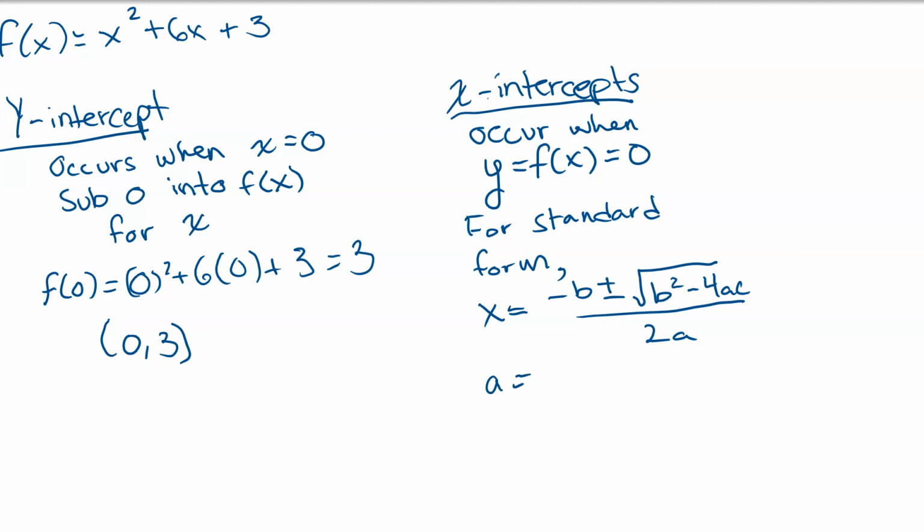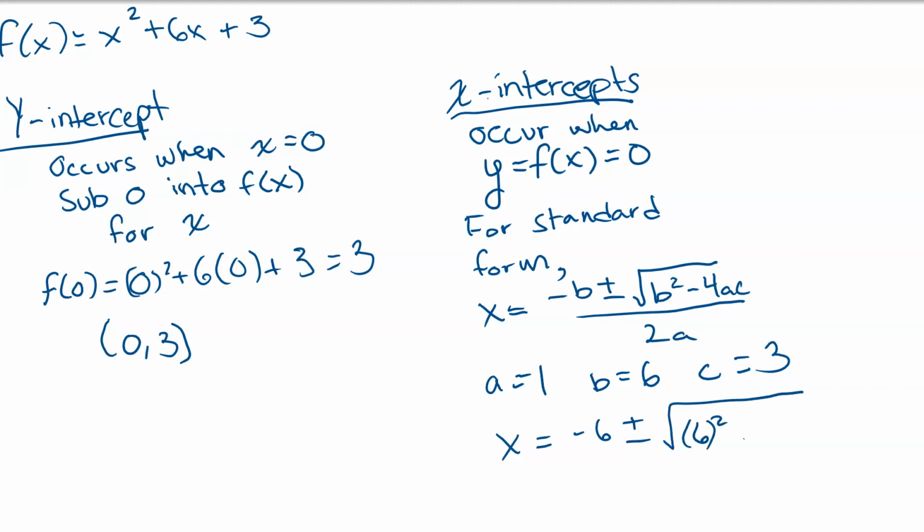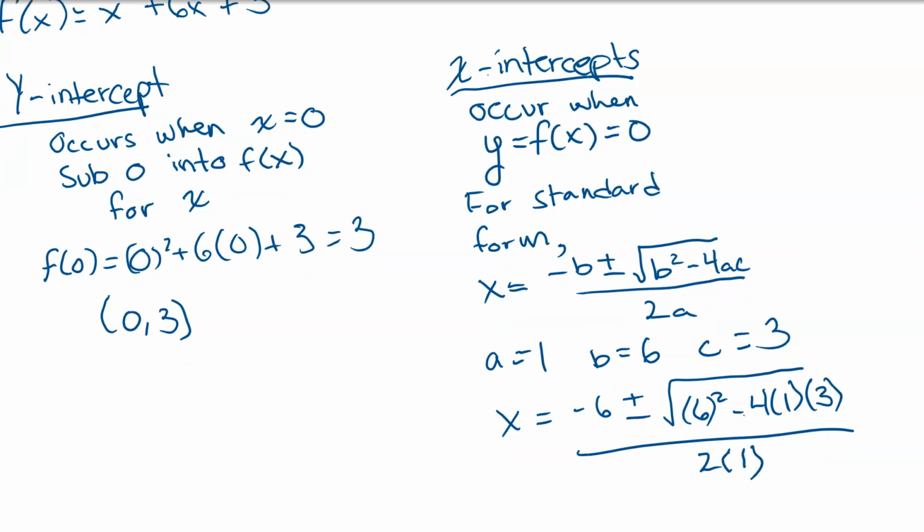Remember where a was 1, b was 6, c was 3. So x is going to equal the opposite of b, negative 6, plus or minus the square root of b squared, so 6 squared, minus 4 times a of 1 times c of 3, divided by 2 times a, so 1.